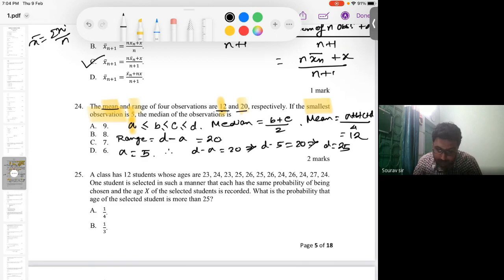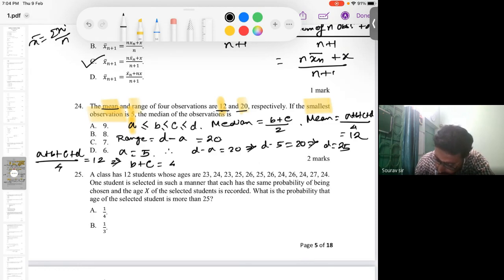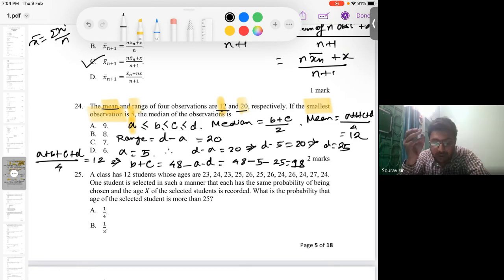Now it is given that (A + B + C + D)/4 = 12, which implies B + C = 48 − A − D. We know A and D, so it is 48 − 5 − 25, which is equal to 18. So B + C = 18.